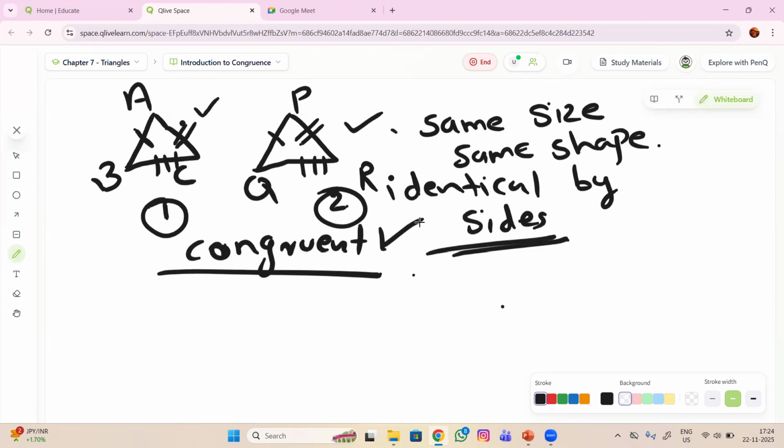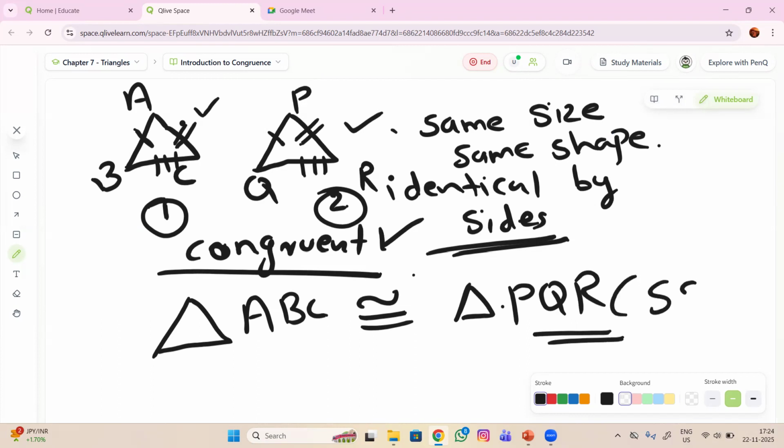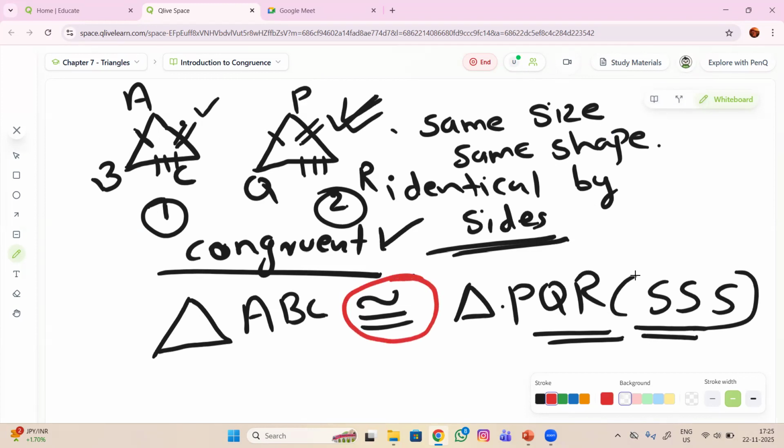We can write triangle ABC is congruent to triangle PQR by SSS, the three sides of one triangle equal to the three sides of the other triangle.